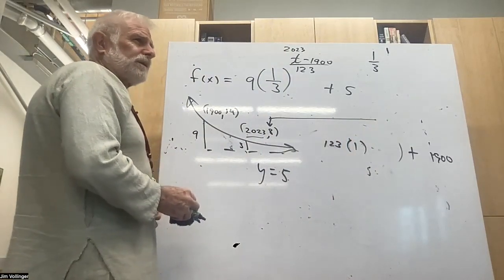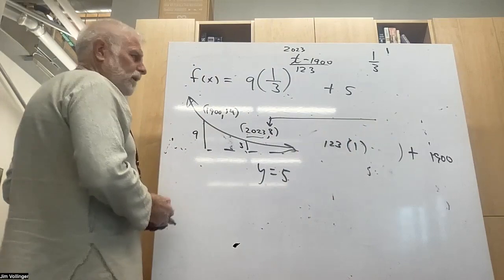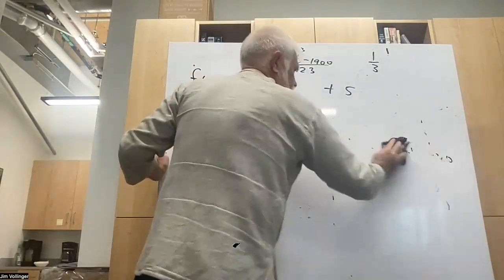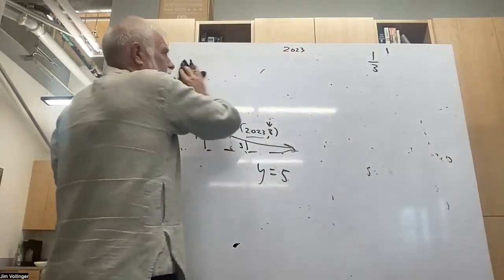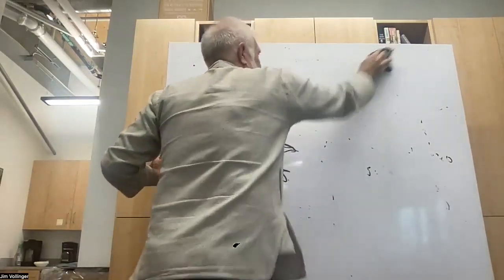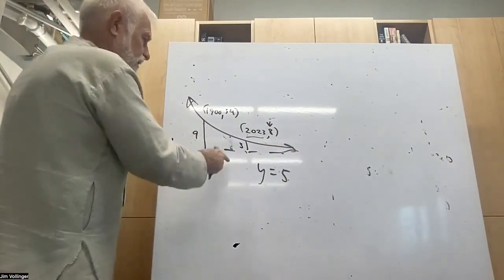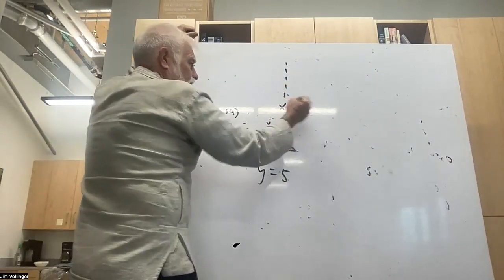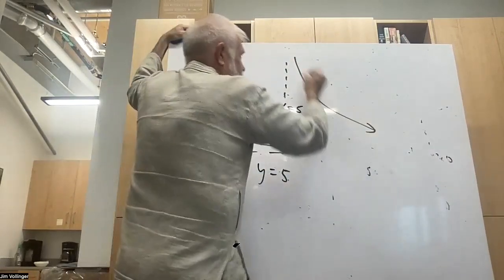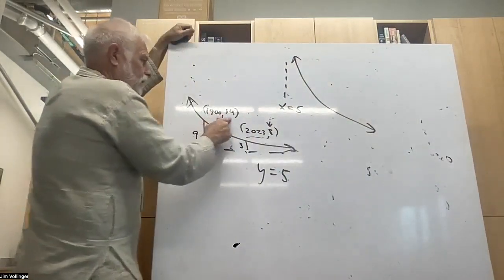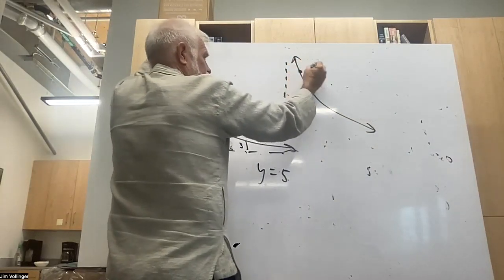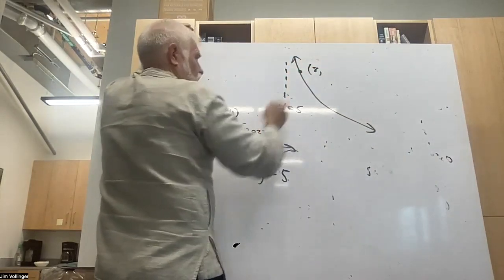Now, what else we got? That was the inverse. 3x minus 4y equals 8. Let me just get this from a different perspective. X equals 5. It's going to look like this. 1900 gets you 14, so 14 is the bigger number, so 8 is going to get you 2023.